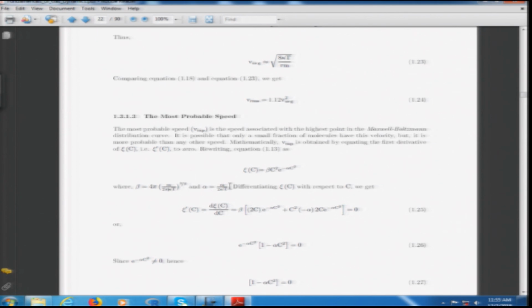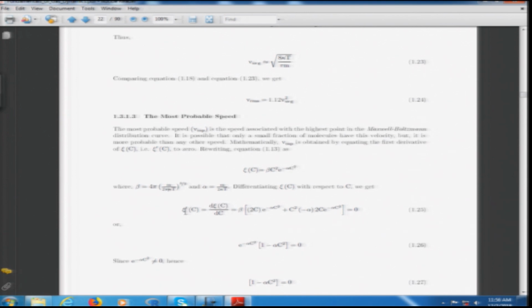Now, from the maxima-minima principle, as I said, if you differentiate this xi with respect to c, we can obtain something like this. Since c square is also here and in the exponential term, the differentiation will be by parts.